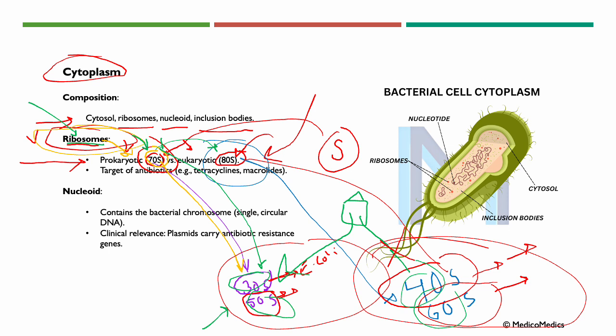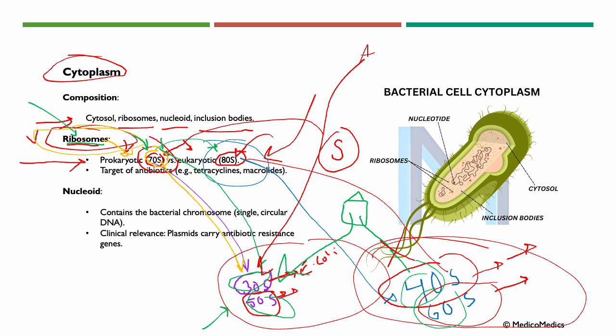So we have a class of antibiotics called aminoglycosides, and these contain, for example, gentamicin, streptomycin, maybe you've heard of them. Now, these aminoglycosides bind to the 30S subunit, preventing the attachment of the aminoacyl tRNA, thereby inhibiting protein elongation.